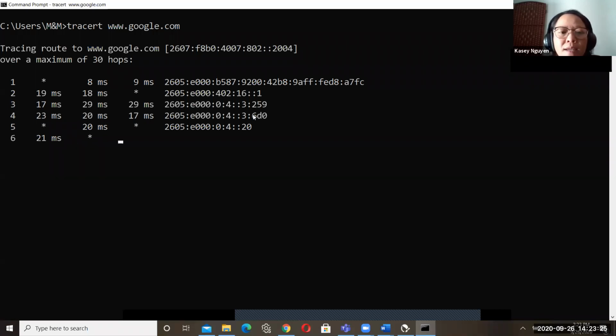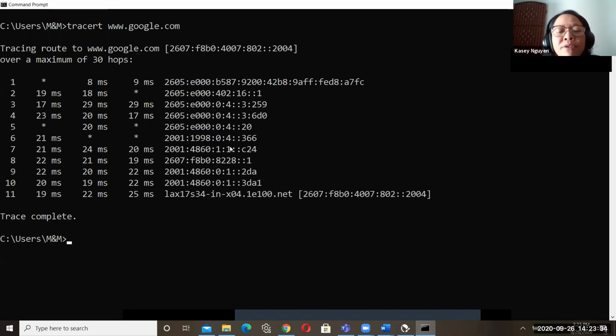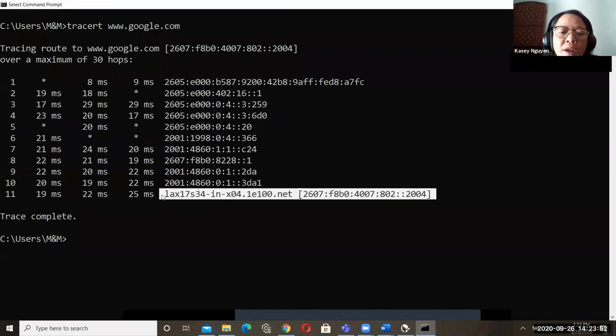And often you would find that these are public IPs to other routers, and other routers pass them to other routers inside or connected to the network. And then here is the Google web server information that hosts google.com. Okay. And that's the address for it.